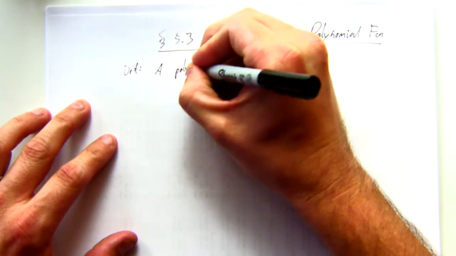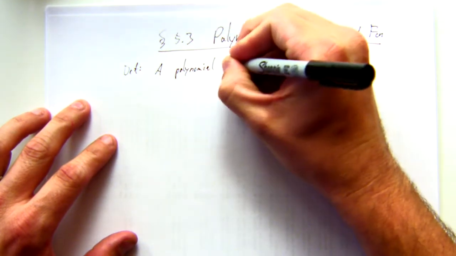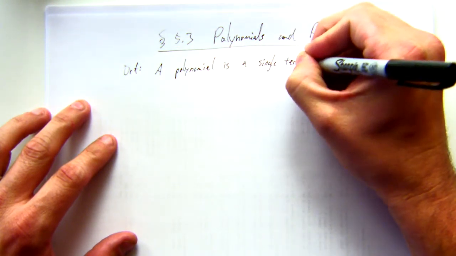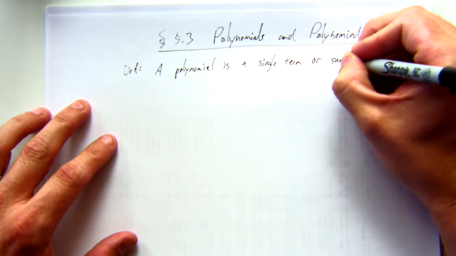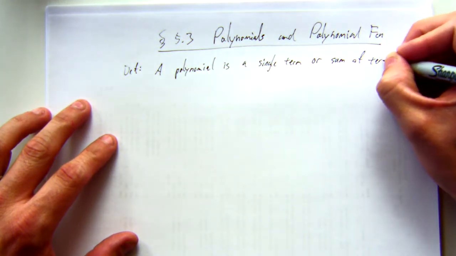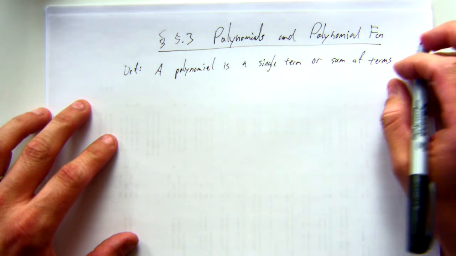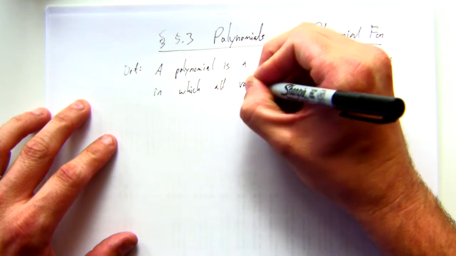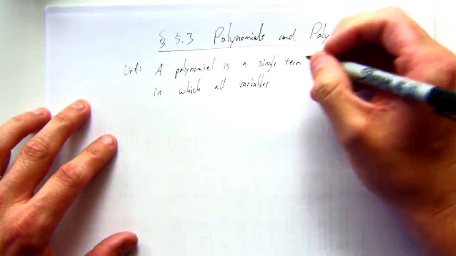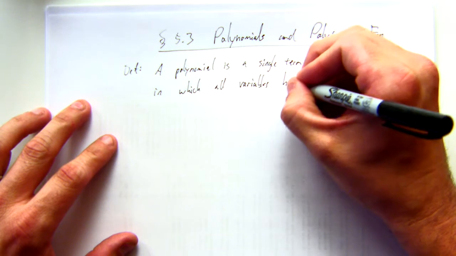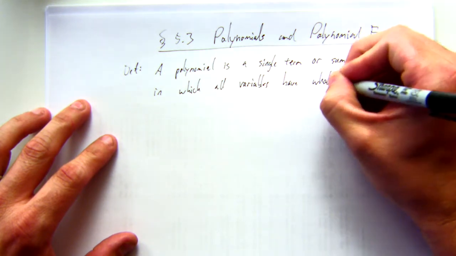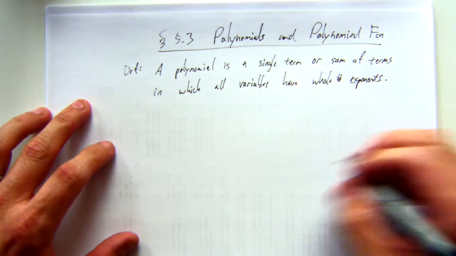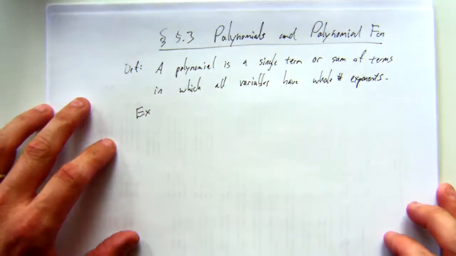So a polynomial is a single term or a sum of terms in which all the variables have whole number exponents. Okay, so let's look at some examples.